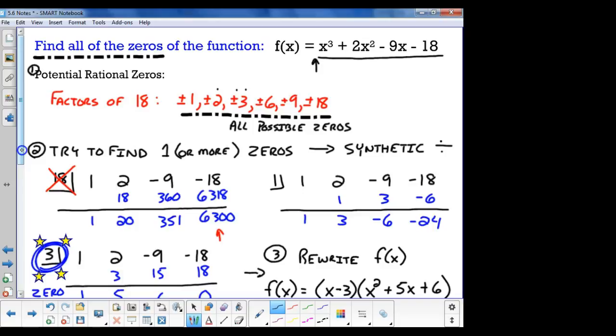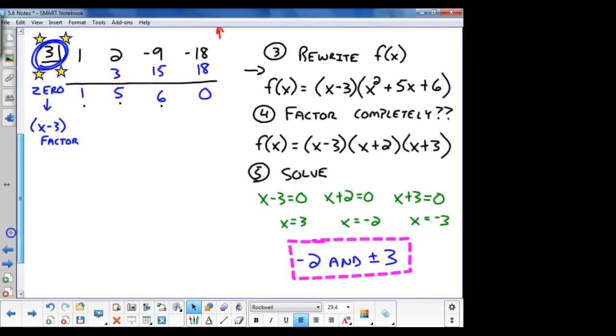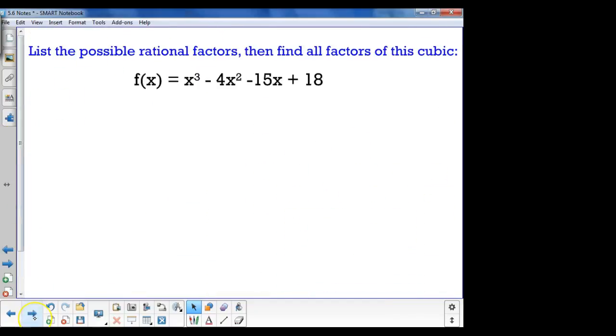So then this list right in here would have been longer. I still would have only had 3 zeros, but my list to choose from would have been bigger, more for me to narrow down. Okay? All right? With me? All right, fantastic.